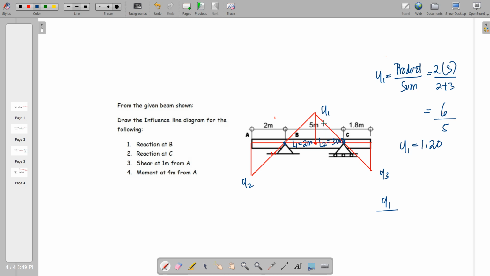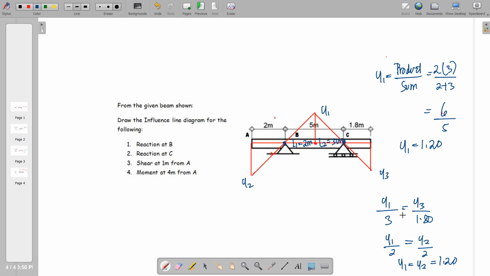ratio and proportion. For this right portion, we have y1 is to 3 as y3 is to 1.8. And then you can see also that y1 is to 2 for this other side, which is y2 is to 2. So therefore, y1 will just be equal to y2, which is 1.2.